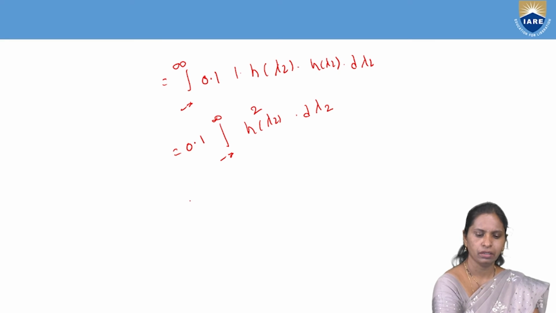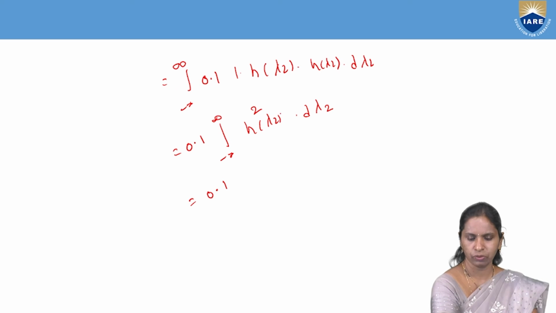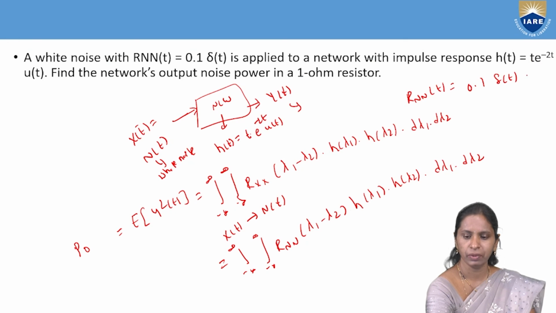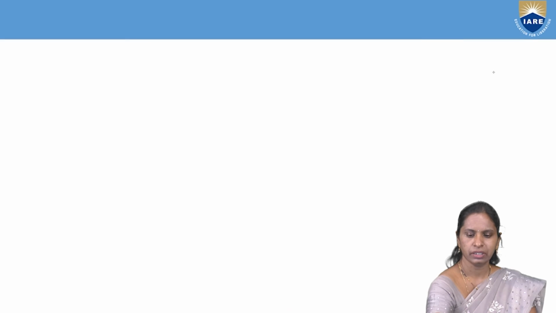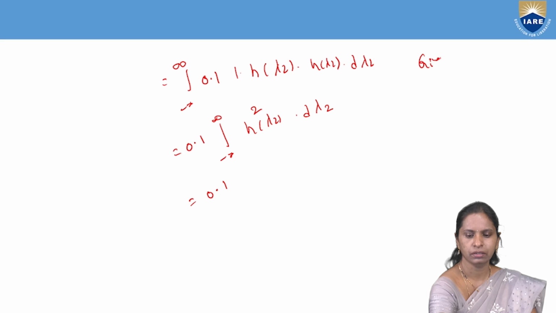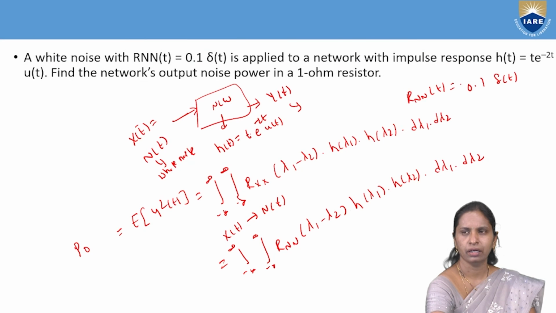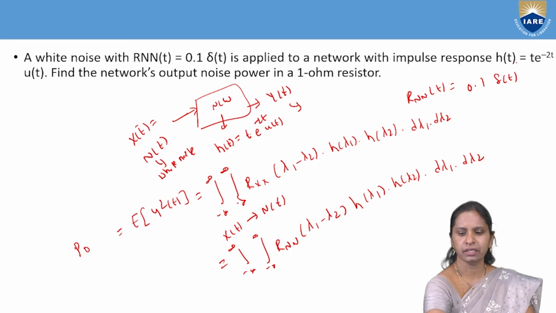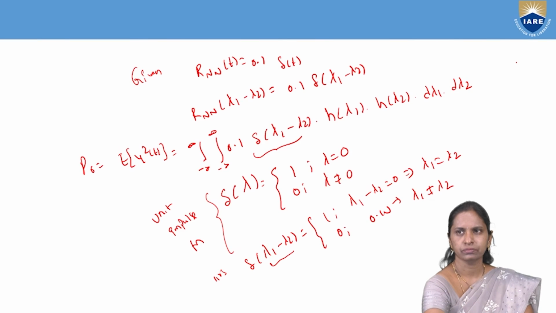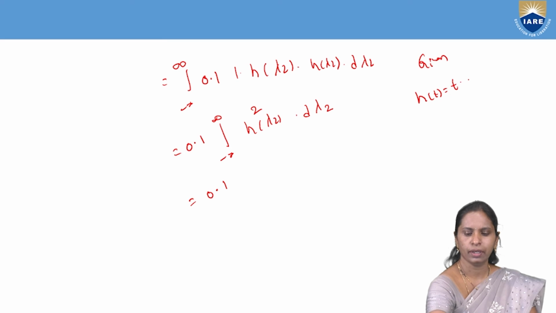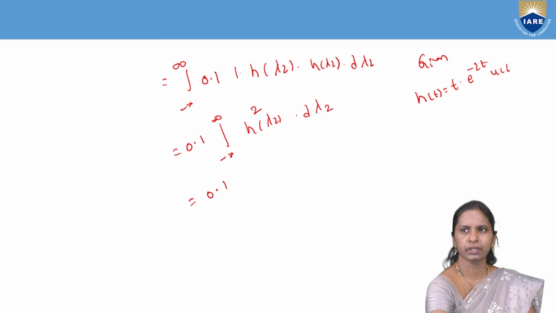Okay, then 0.1 into, so what can you obtain? H of lambda 2. What is the impulse response given in the problem? H of t equals t into e power minus 2t u of t.